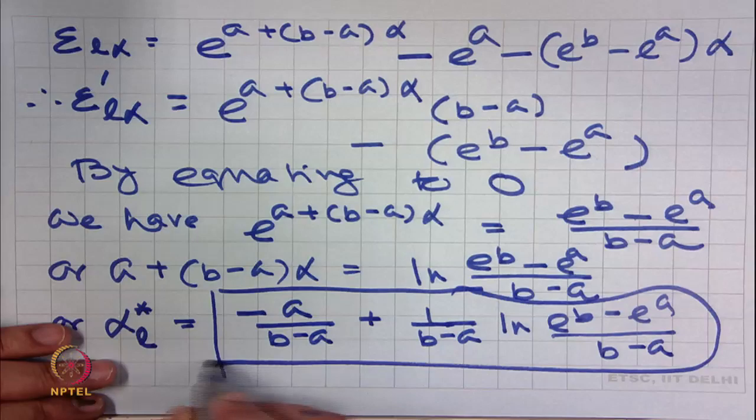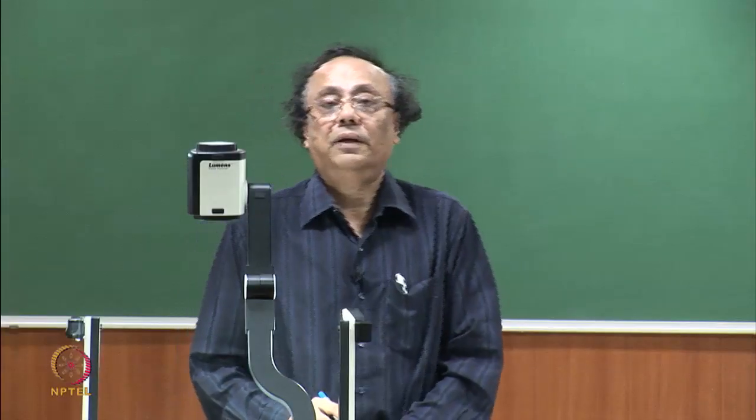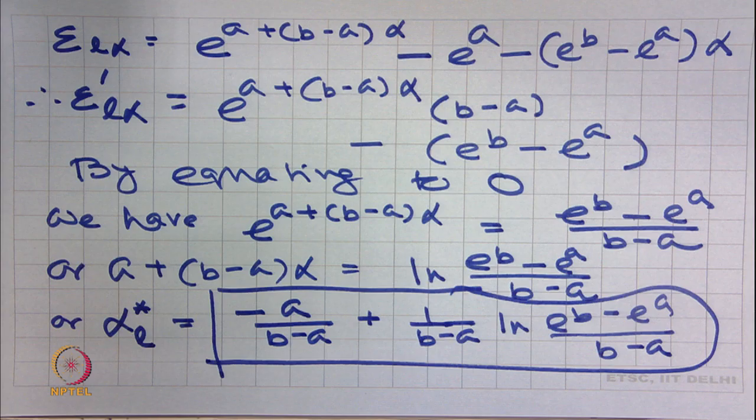So, this is the value of alpha where the maximum divergence will occur on the left hand side.